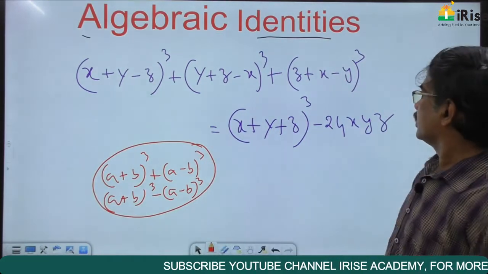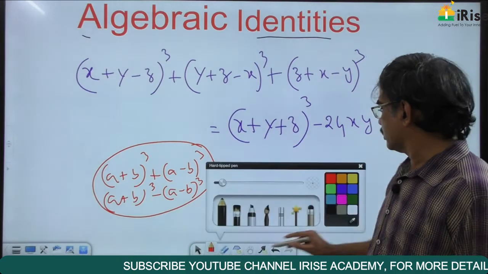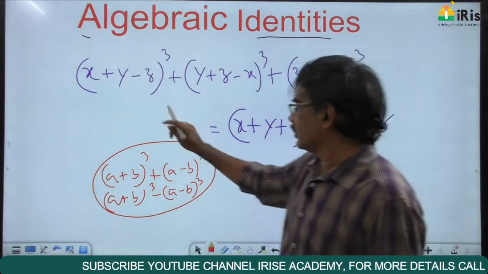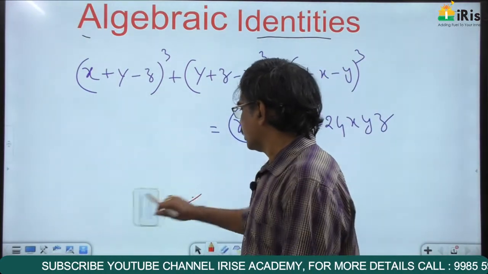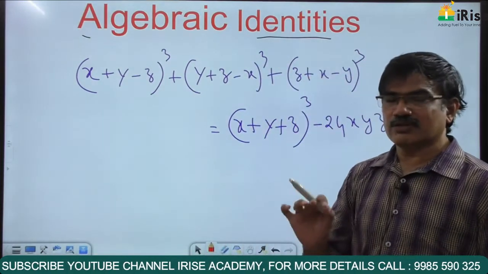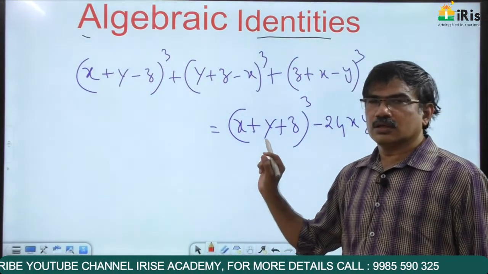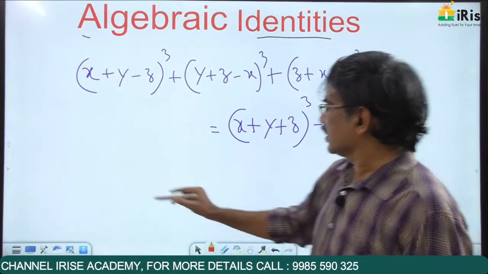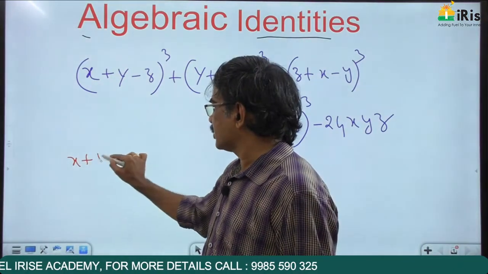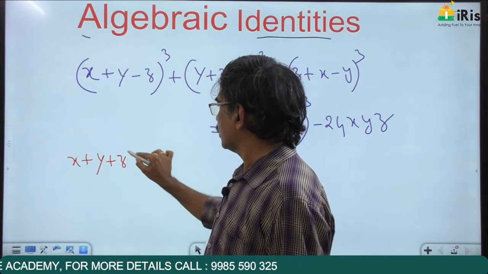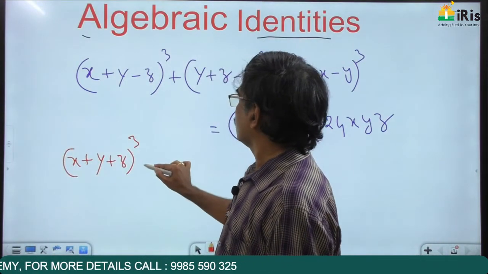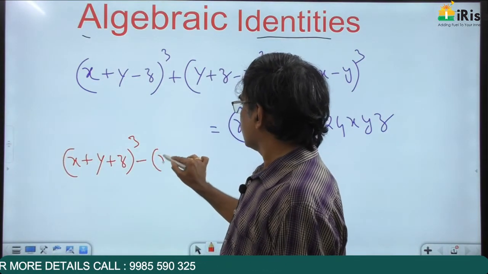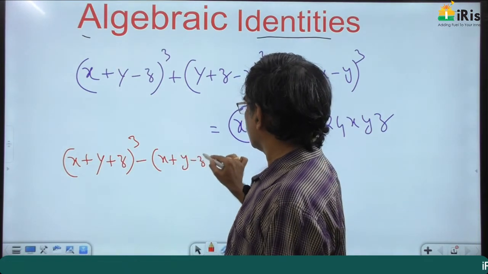See carefully. Actually I don't want to give the proof, just a key point to get this one. First find (x plus y plus z) whole cube minus (x plus y minus z) whole cube.